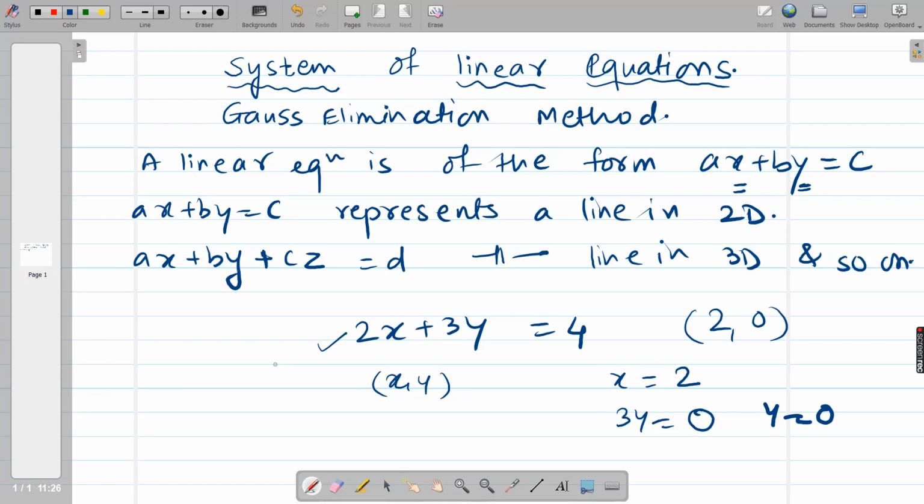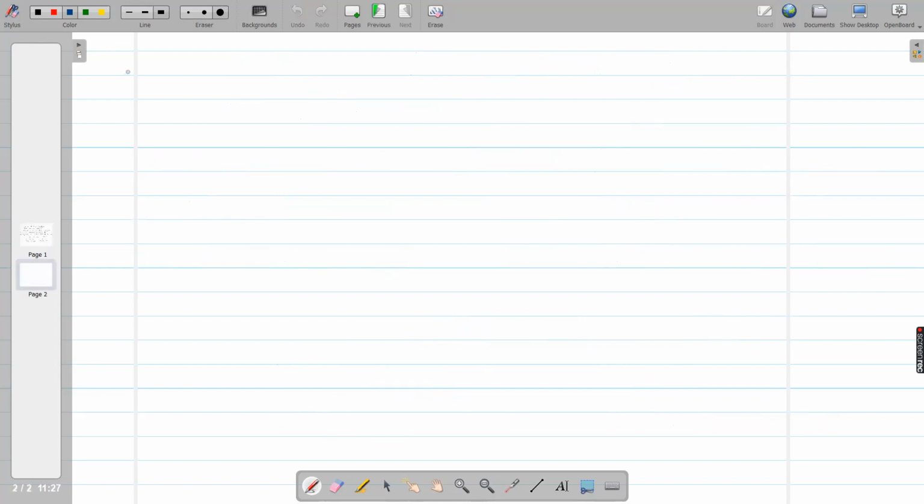When I have a number of variables more than the number of equations, like in this equation, I have 2 variables and only one equation, I get infinitely many solutions. There are many points which satisfy this equation. There are 3 types of solution we may have when we consider any system of linear equations. It may have a unique solution.